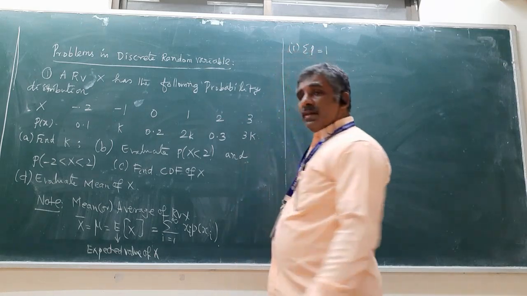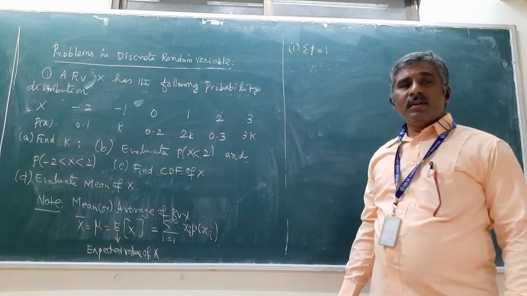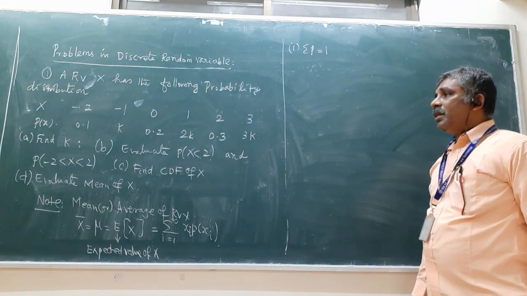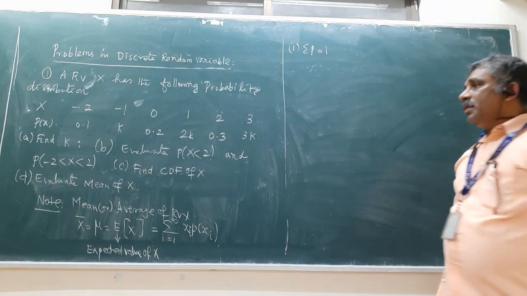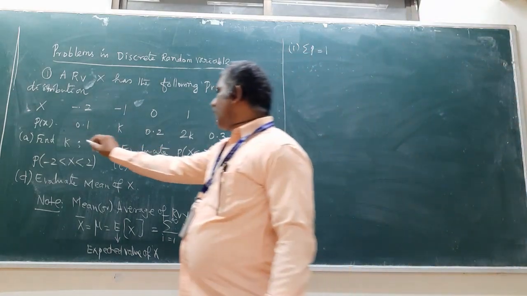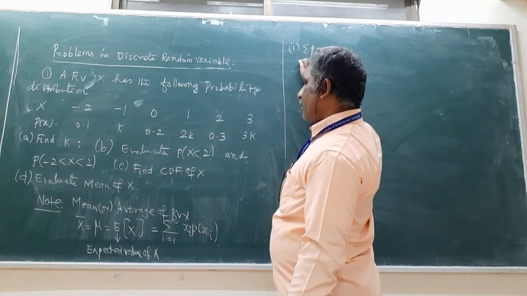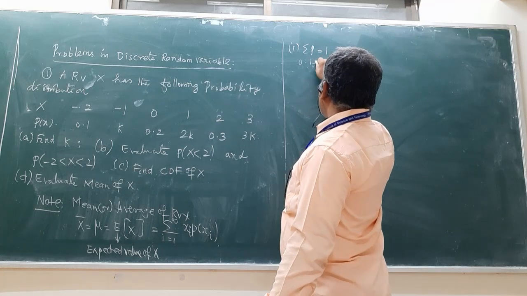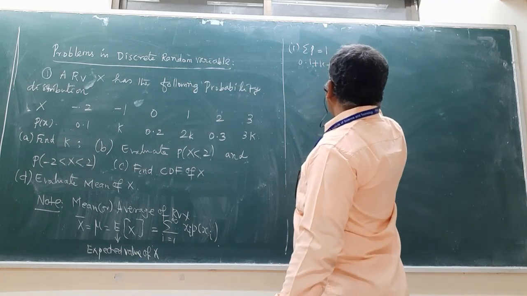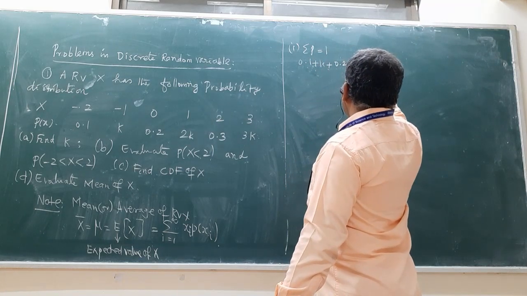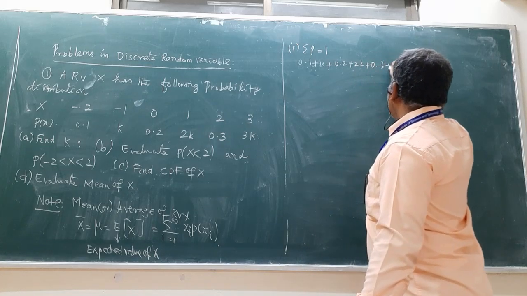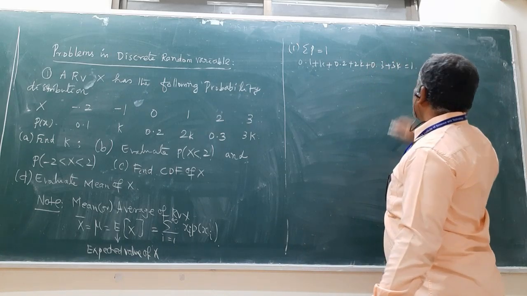To find k, first we write summation of p equal to 1. These are the probabilities given. Add all the values, and we get 0.1 plus k, 0.2 plus 2k, 0.3 plus 3k equal to 1.